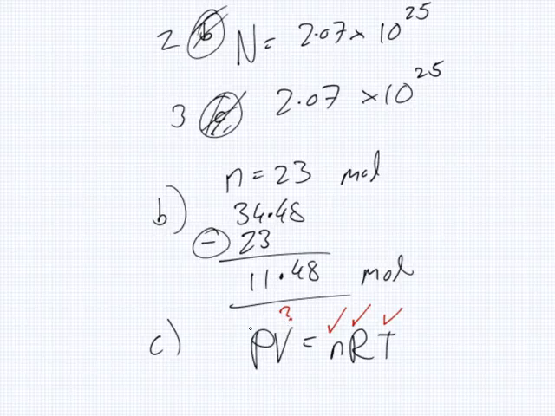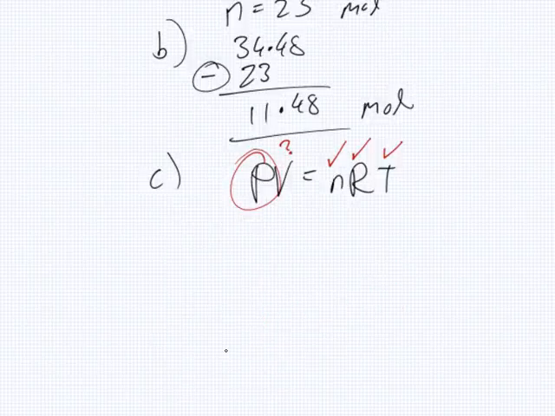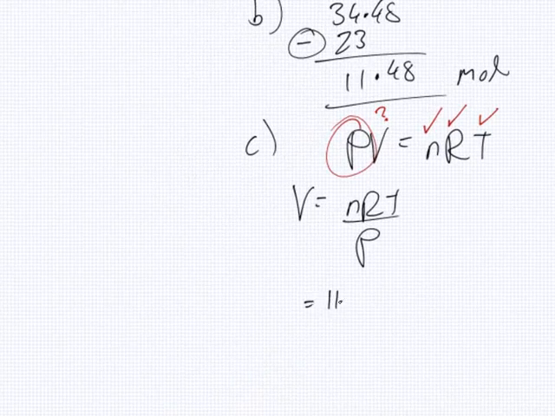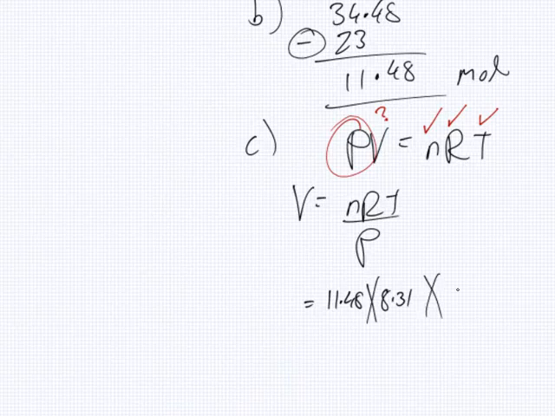So in fact, this we do know. It's 1 atmosphere. Okay, now you got the right answer but for the wrong reason, okay? So we want V equals nRT over P. So that's equal to 11.48 times 8.31 times 300 over 1 times 101.35 times 1,000.